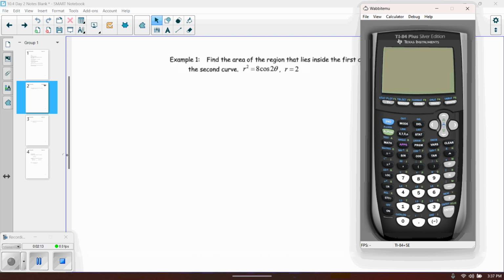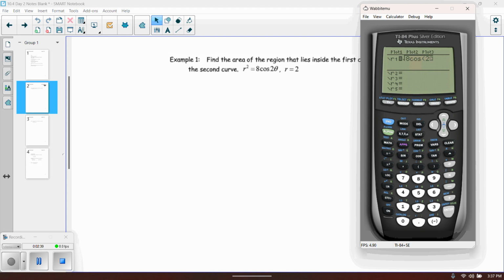So what we need to do on the calculator here is we need to graph, let's get rid of this, that was an older graph. We need to graph r squared as a positive and a negative square root. So we're going to graph the top part of r as the square root of 8 cosine of 2 theta.